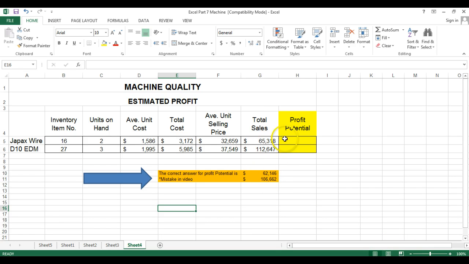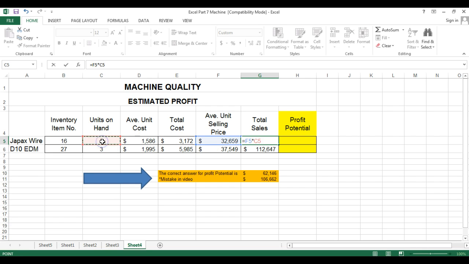Now let's see if I don't make that mistake. Let's see, equal sign, whoops, let's undo that. Yeah, that's right. Escape, equal sign, and multiply units on hand. When I did this last time, there was a mistake. So let's see if I do it right.